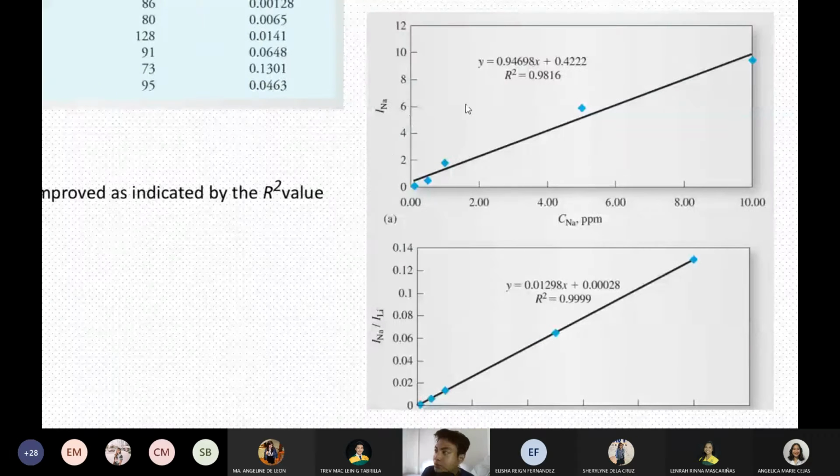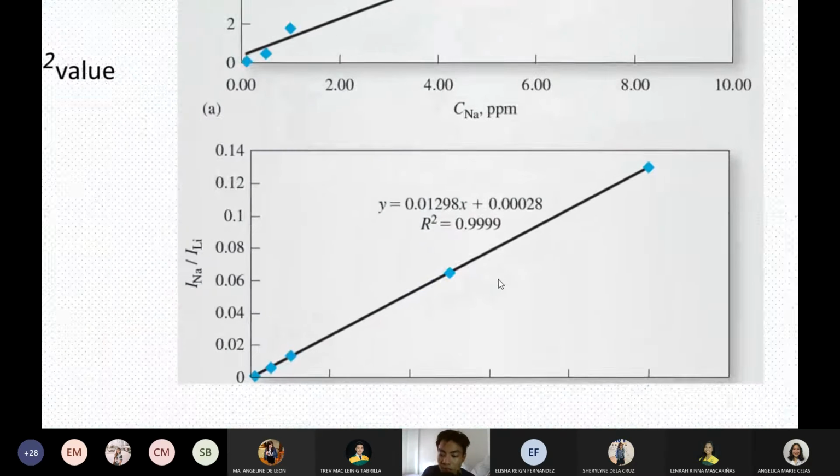So yun. So again, kapag yung external calibration mo pangit, tapos inulit mo, pangit pa rin siya. So umulit ka ulit ng calibration, pangit pa rin, then you may need to use the internal standard. So the purpose is to improve the calibration curve. No? So what happens with internal standard addition?